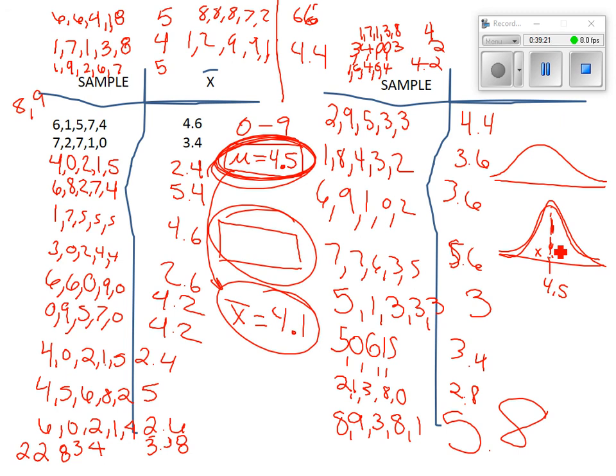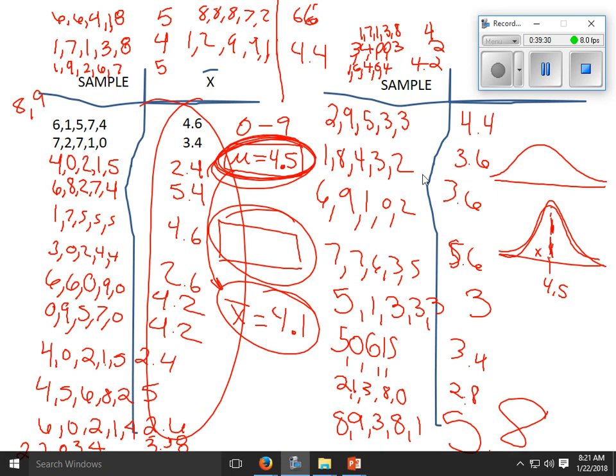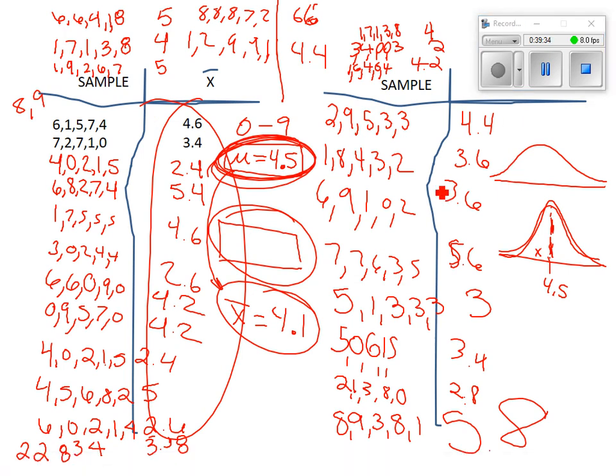So this is called the distribution of the sample means. We're finding the mean of all these different samples. Does that make any sense whatsoever?